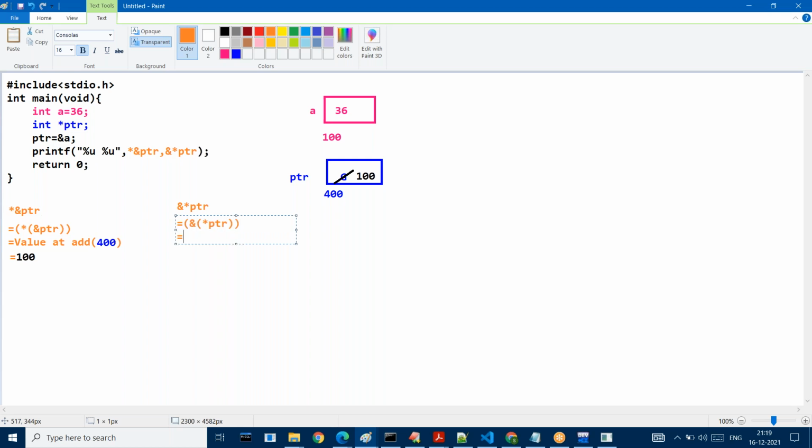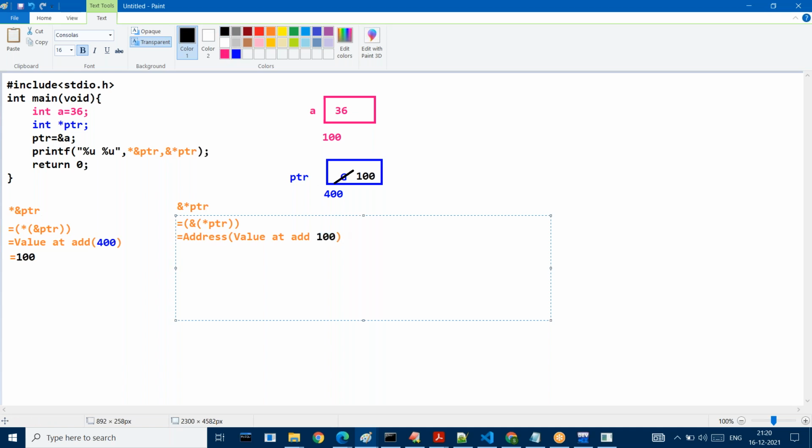Ampersand means address of, whose address? Then star PTR. Star PTR means value at address, that's the meaning of star. Then PTR means 100. So value at address 100.